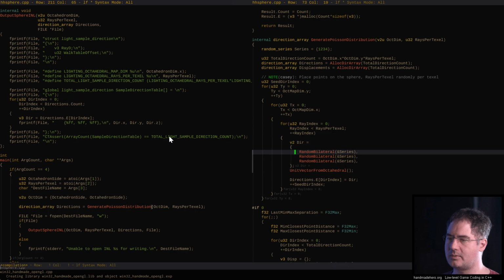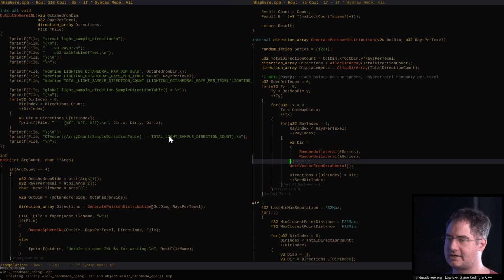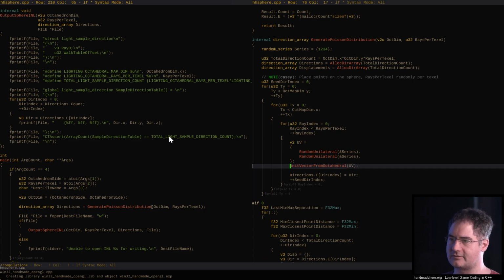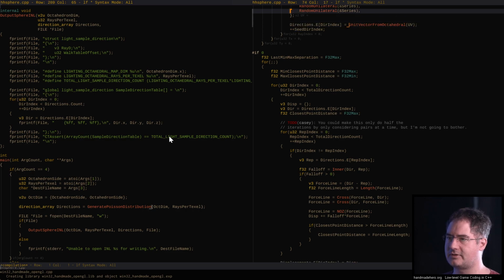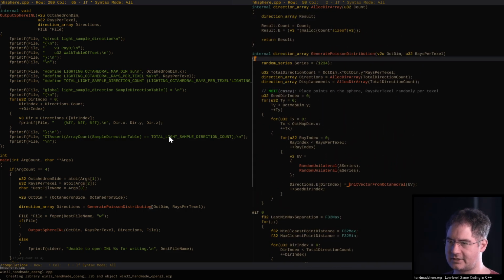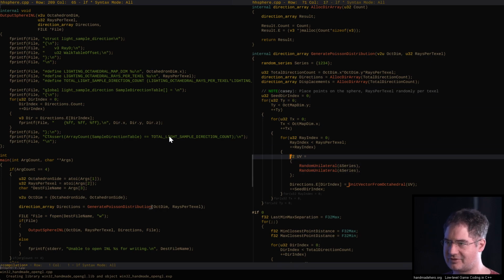So what we do need to do here, though, is generate random unilaterals that would give us the correct offset. So basically, like, the V2, this is like the UV coordinate, right? We would generate white noise by generating a unit vector from a portion inside the texel, the texture that represents one texel, the specific TY/TX texel here.